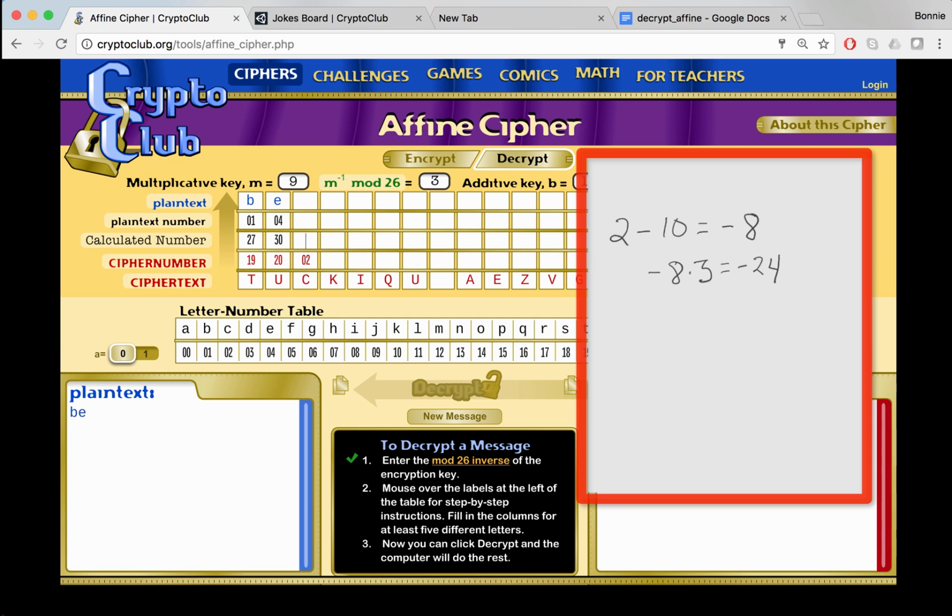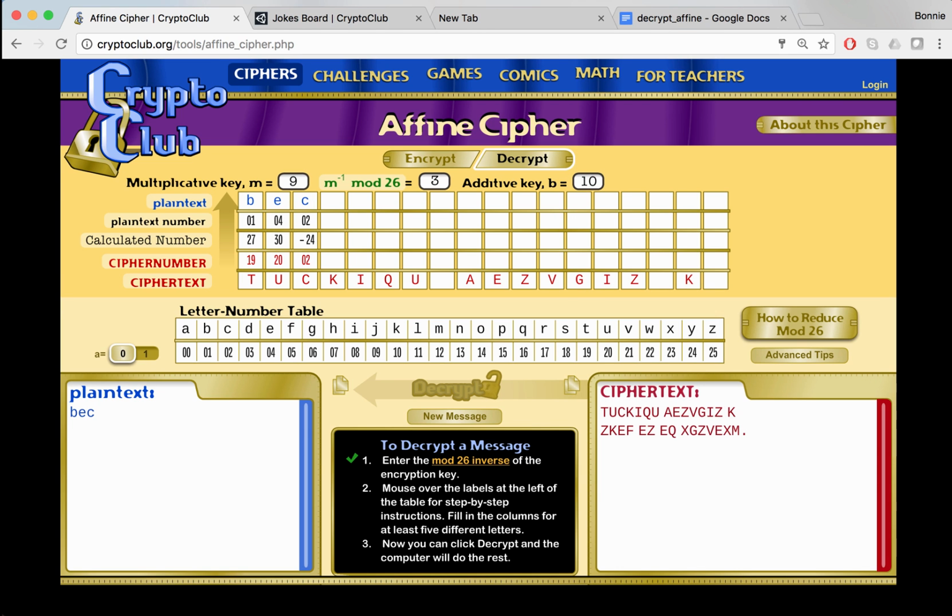So our calculated number is negative 24. Now, to reduce a negative number, I add 26. So 26 minus 24 is 2. And the letter is C.